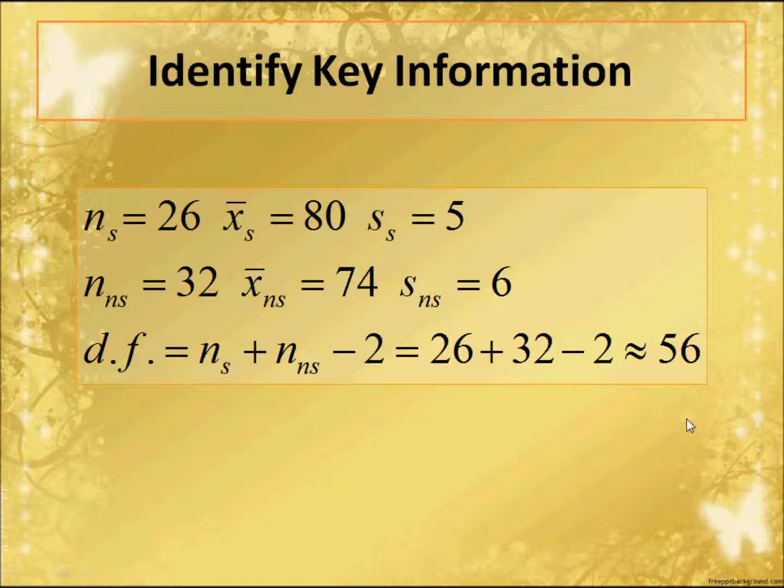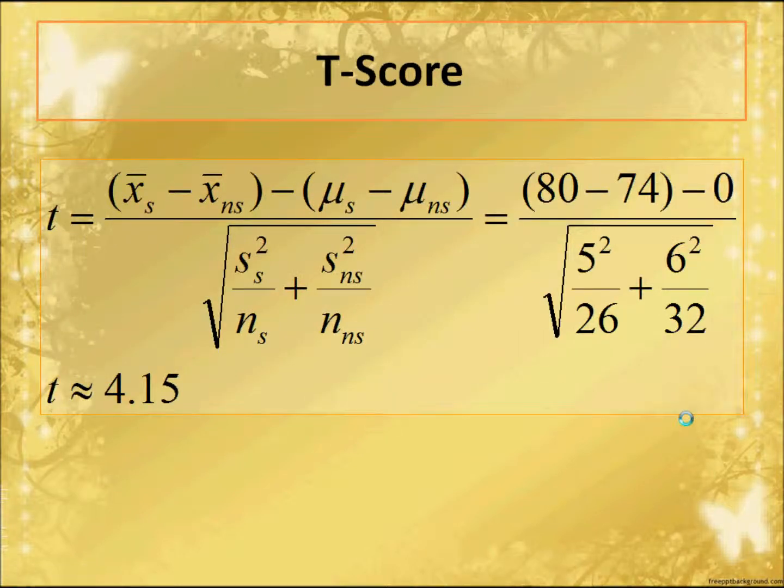Now I'm going to find my t-score, and this is the formula I'm going to use. The mean of the smokers minus the mean of the non-smokers, these are the means from the sample, minus my mu, divided by the square root of the standard deviation squared over the sample size of the smokers, plus the standard deviation squared over the sample size of the non-smokers.